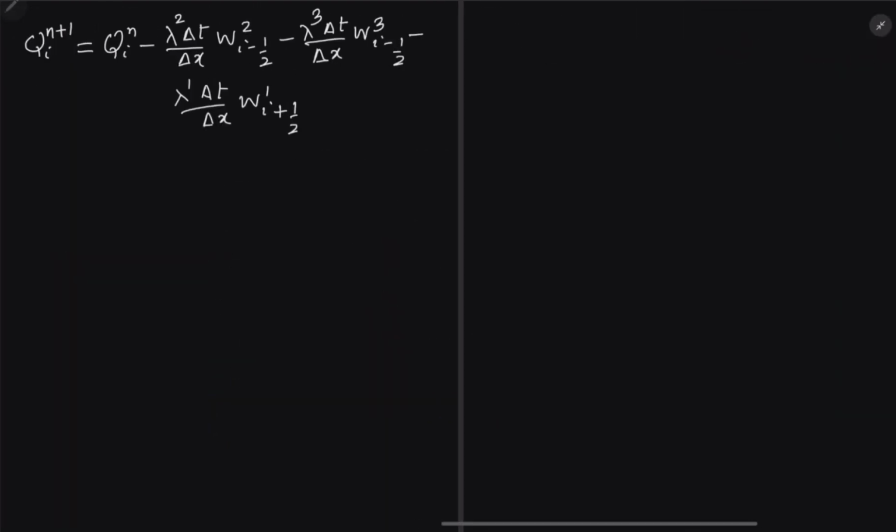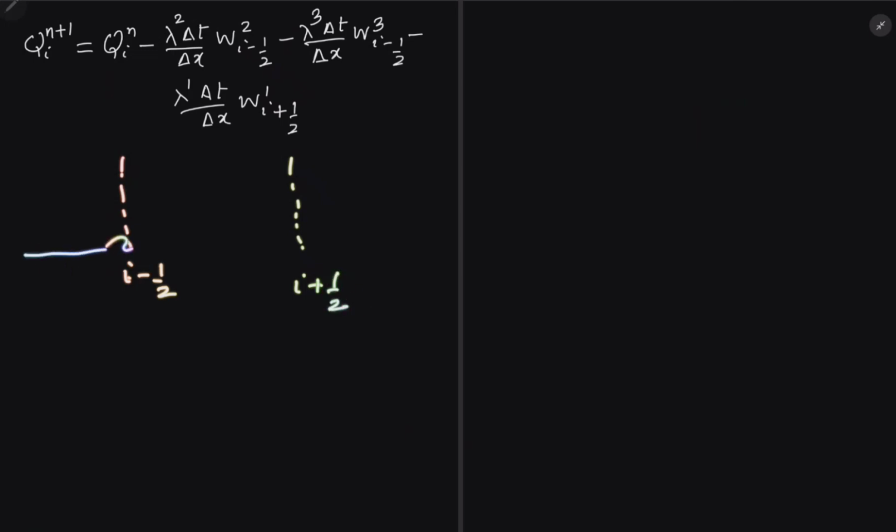Now, if we look at this formula, we already saw that for wave number 2, the information is coming from wave number 2, and then we also have information from wave number 3. Then we have, for example, this value at i plus 1/2. Let me explain this for you. We have i minus 1/2 and then i plus 1/2. Two waves are traveling from left to right, and these are lambda 2 and lambda 3 greater than 0.